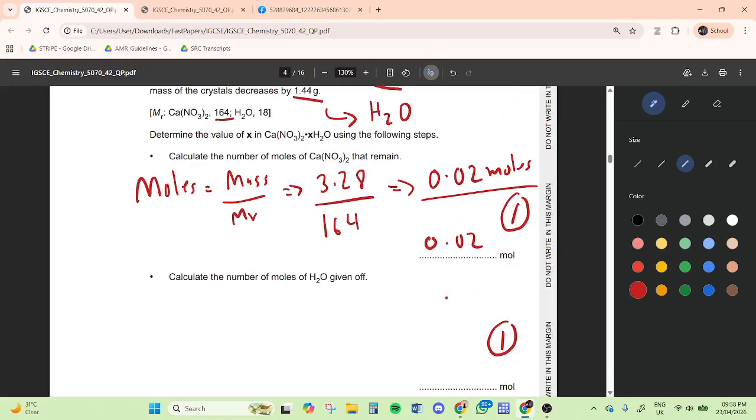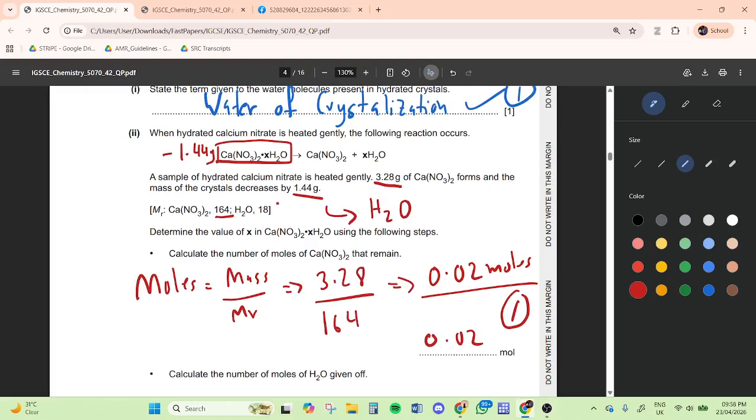If you go down, calculate the number of moles of water given off. Again, we've already figured out that if the mass of crystals decreases by 1.44 grams, then that 1.44 grams has to be water, because calcium nitrate still remains because of the chemical equation.